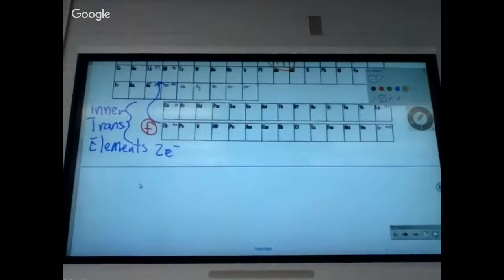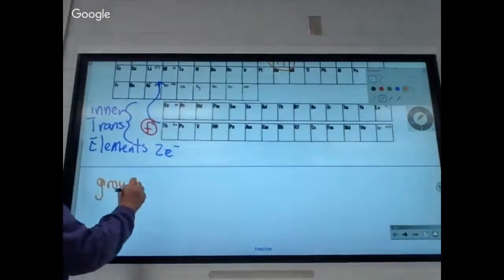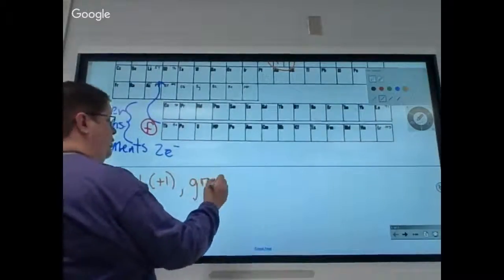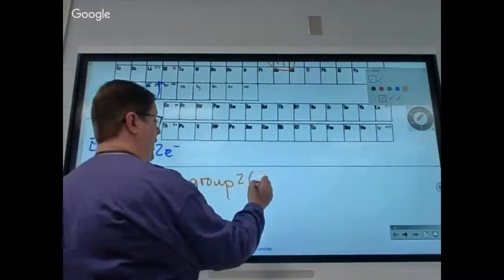All right. Group 1, which is +1. Group 2, which is +2.